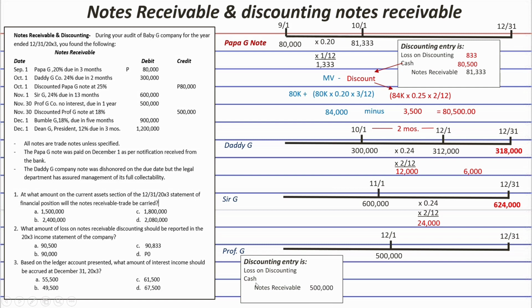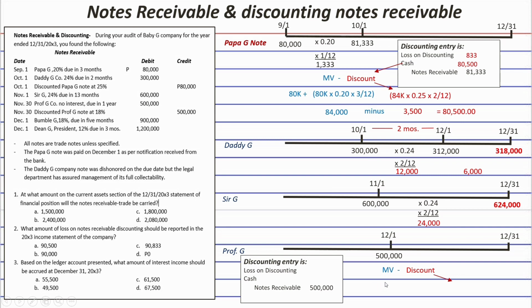Now, the problem is the proceeds, or this debit to cash. The maturity value is 500,000 immediately also, because if we're talking about non-interest bearing notes, the interest is already embedded in the amount of the note, which means this 500,000 already includes principal plus interest.